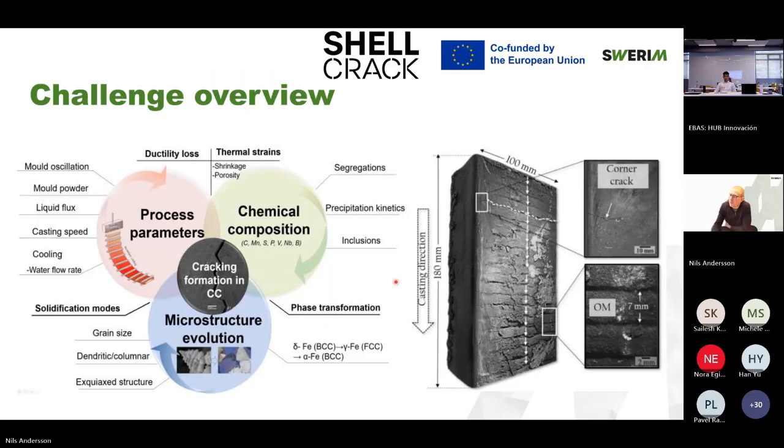So to bring this into an overview picture, the cracking relates to the process parameters, the chemical composition, and the microstructure evolution during the casting. And that is what we try to bring together in this project. So it's a very multidisciplinary, complex problem. And how can we use models to close this loop?